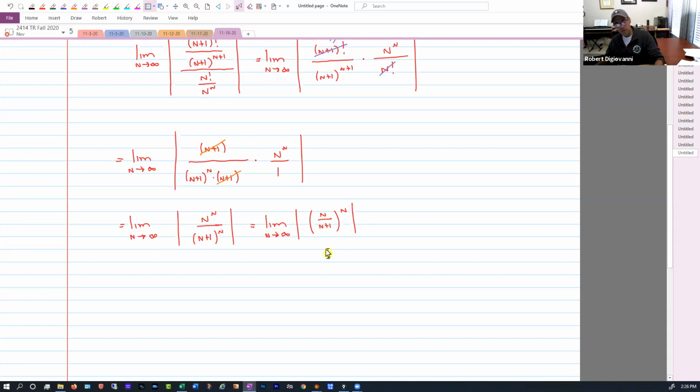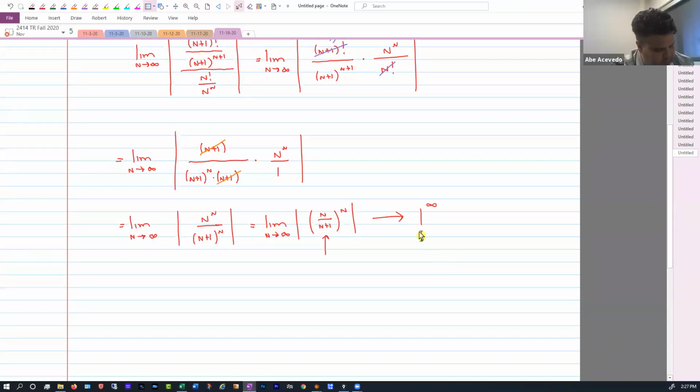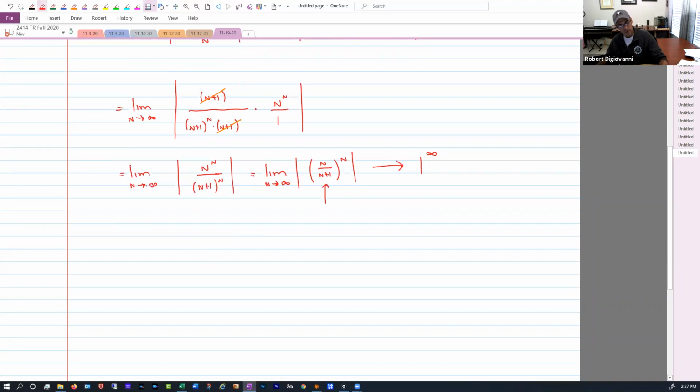Do y'all agree right now that if I take this limit, what's in there goes to, I can do L'Hopital on that, 1/1, that's 1, and then to the infinity? Anytime we see this, we have to do a special type of limit. So I'm gonna write it down here.